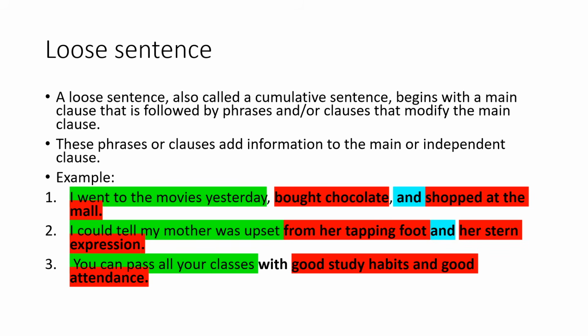But from previous videos, you will know that "with" falls into subordinating conjunctions. Let's look at the rest of the sentence. With good study habits and good attendance, it is telling us more about how one can pass. Therefore, it is an adverbial phrase.